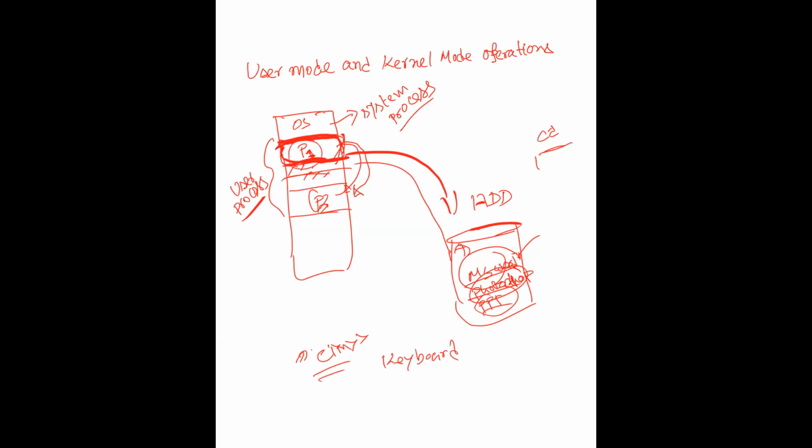If your program needs to access any IO devices, it needs to call a function from the OS. This process cannot call directly. When you call the cin function, eventually you call some functionality in the OS related to the keyboard, and from there it can access the keyboard data.